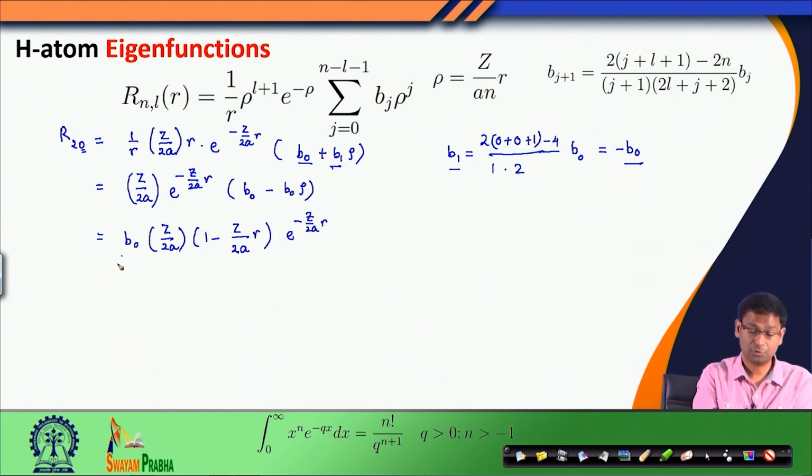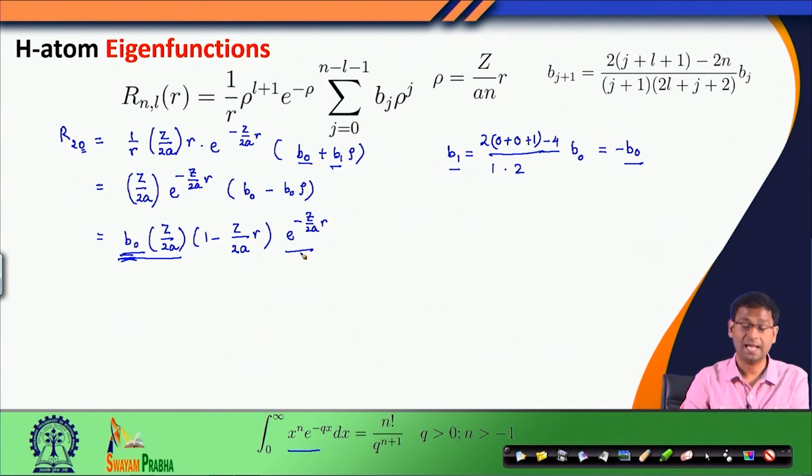Now, I see, of course, B0 value is not known. I can normalize this function to obtain B0, and to normalize this function I would simply be using this relation over here to do the normalization, and suppose I have my B0 which will be a constant and this is a constant.